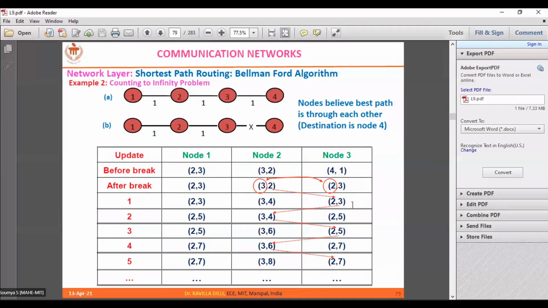Therefore it updates it as 2 plus 1, that is 3, through node 2. Okay, so now this iteration is done. The next iteration, what will it do? Again 3 sends it to 2, and 2 sends it to 3. So again and again it keeps on updating, isn't it?